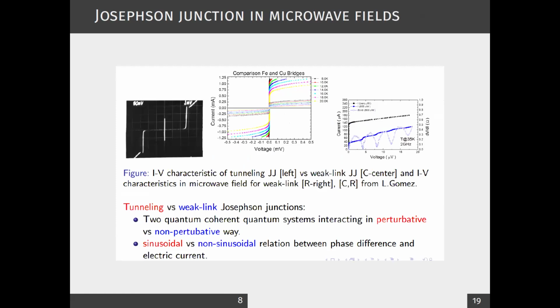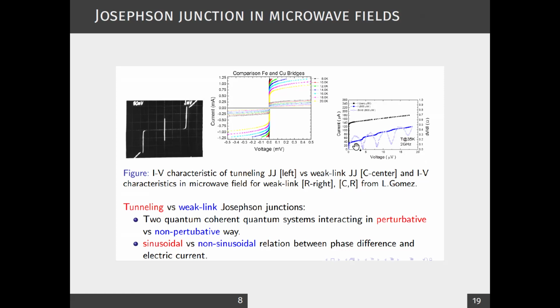Well, then from experiments on Cooper pairs, when you have a ferromagnetic strip on top of a superconductor, you can get IV characteristics which indicate the existence of a weak link. This is Luis Gomez data, and there is a presence of Shapiro steps if you place an external antenna with a microwave signal, here a 2 gigahertz signal.